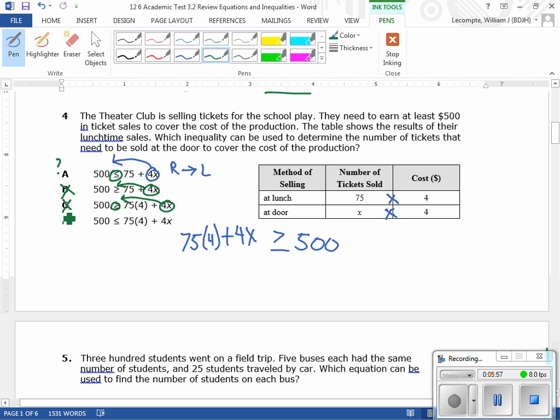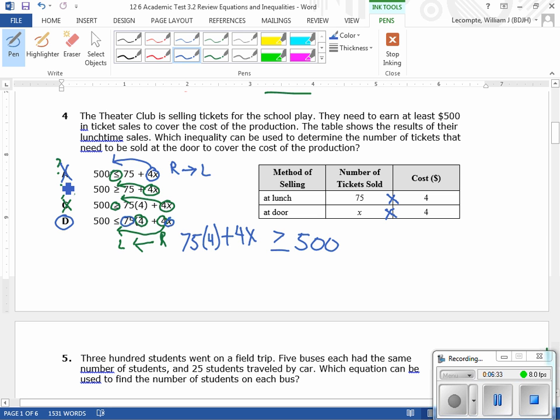So the only two I have are A and D, because D says greater than as well, right? If I read from right to left, and this also has the cost in both and the number of tickets, right? So everything is included. So I would choose D and not A.